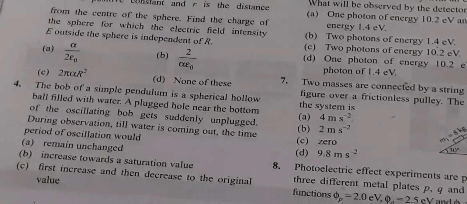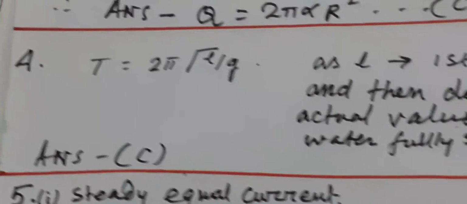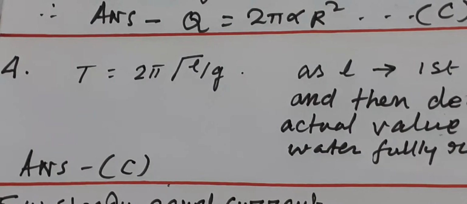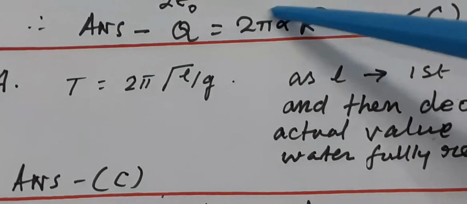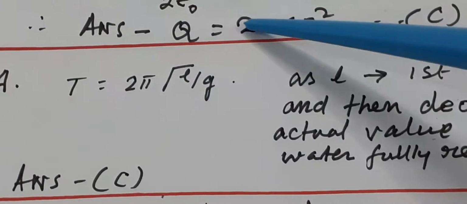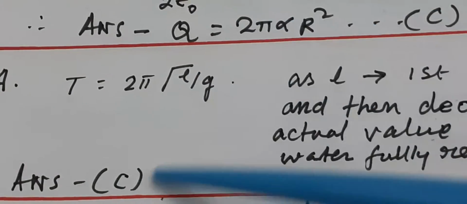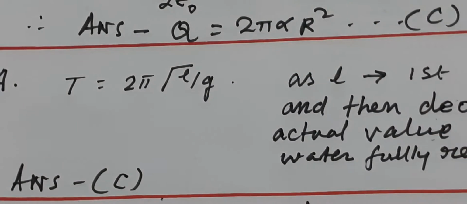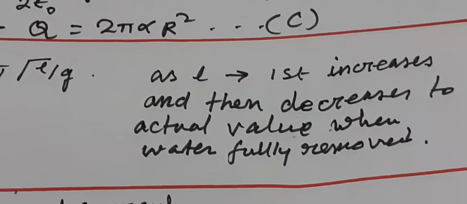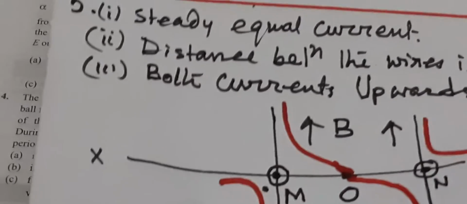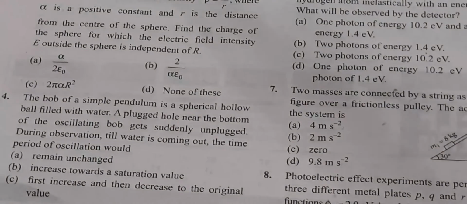This is the way we can explain. This is a simple one. When L increases, time increases. When L decreases, it returns to the original value of time period. So that is the point here. Answer is C.